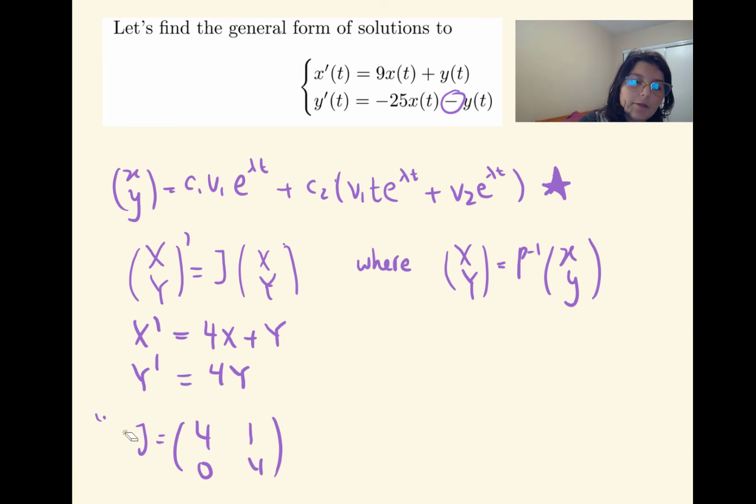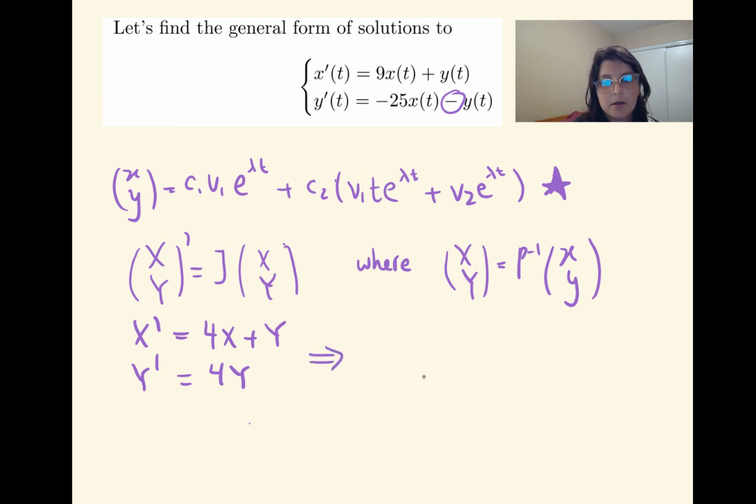And this system can be solved very simply, because the second equation involves capital Y and only capital Y, so it gives us an exponential. We can solve that equation very quickly.